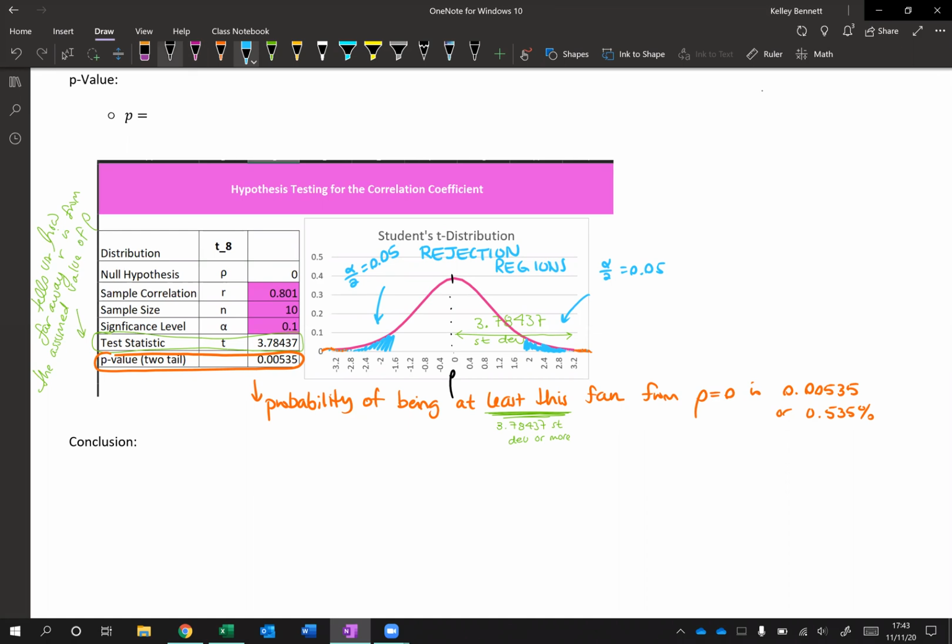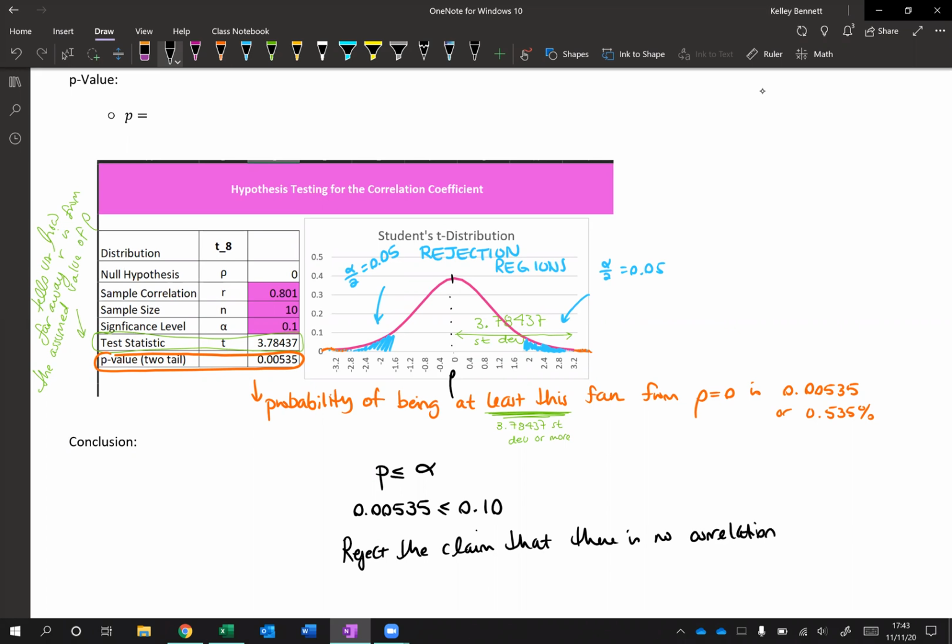And one way we could think about this, or the other way we can think about this is, well, is p, again, not rho, is p less than or equal to alpha? Yes, it is. p is 0.00535. It's less than or equal to alpha, which is 0.10. So we are going to reject the claim that there is no correlation between the two populations.